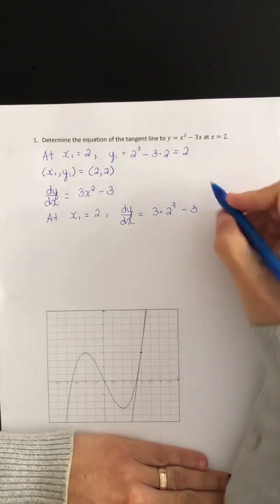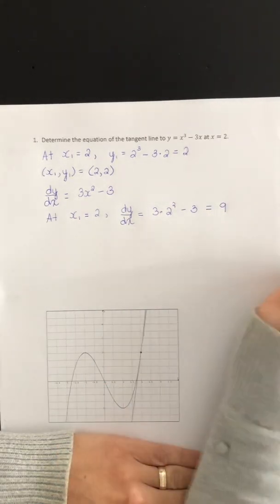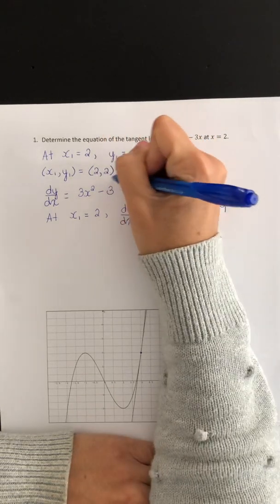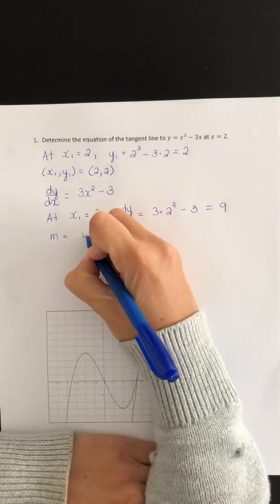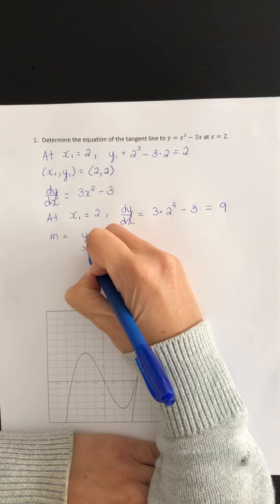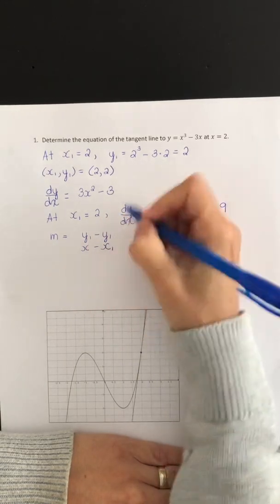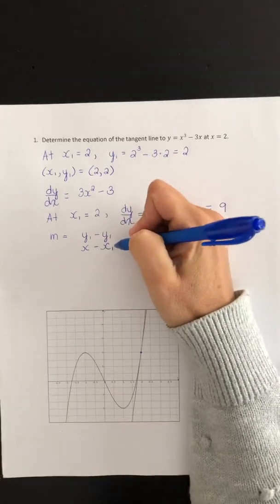This is 12 minus 3, or 9. And now we're all set. This is what we'll use for our slope, and this is what we'll use for our point. And remember, the equation looks like this: y minus y1 equals m times x minus x1.